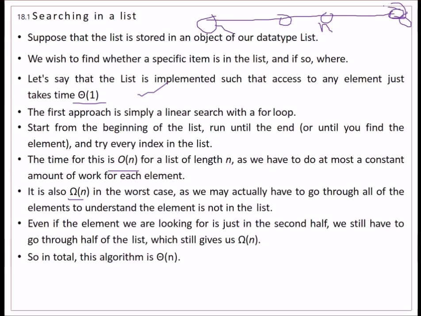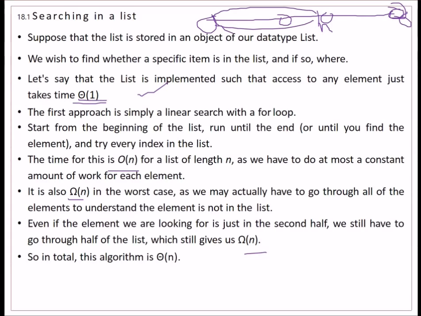Even if the element we are looking for is just in the second half, if we split the list into two halves, we'll still have to go through the first half, which will still be omega of n. So in totality of our discussion, the algorithm will be theta n.